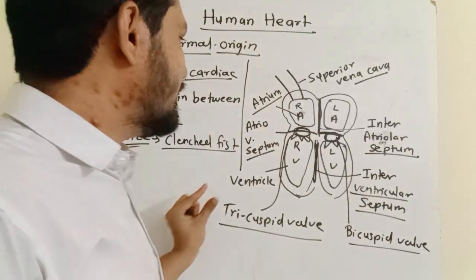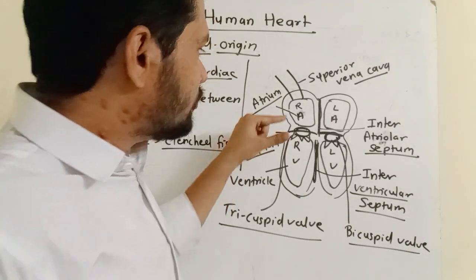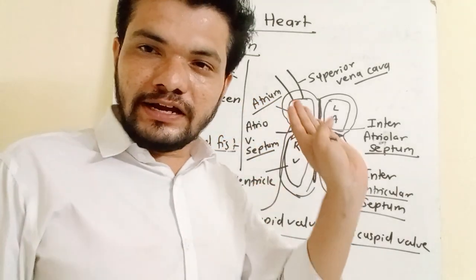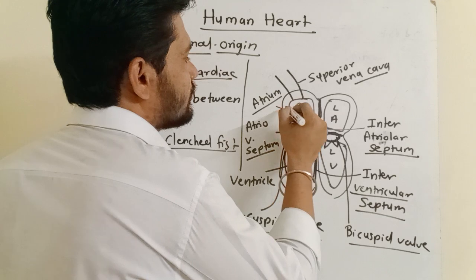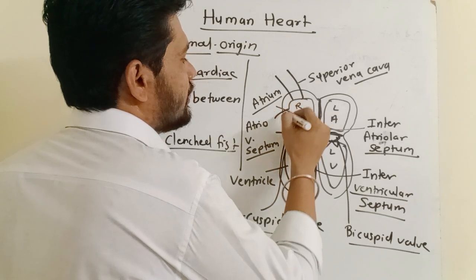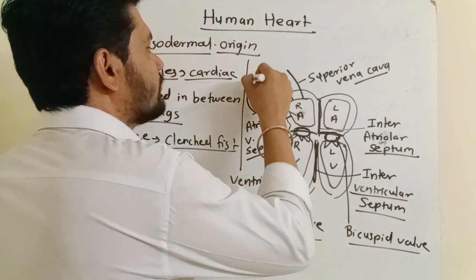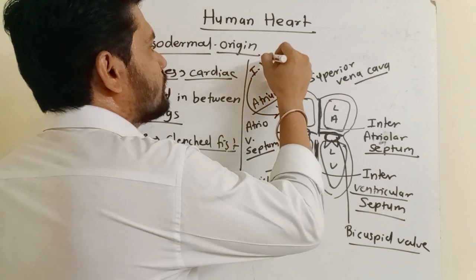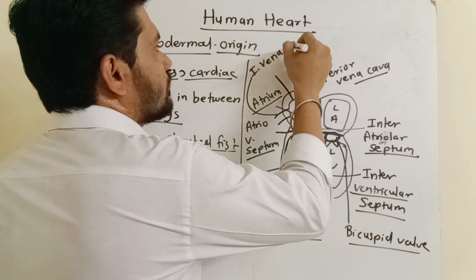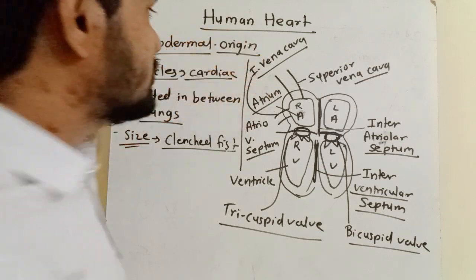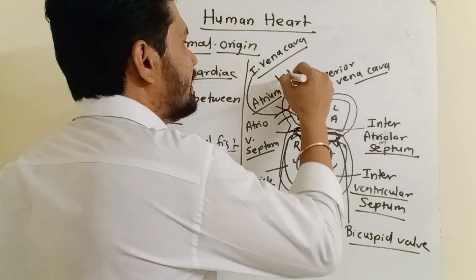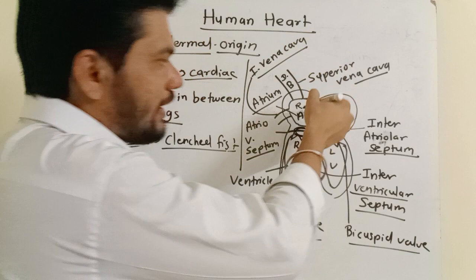The vein which brings blood to the right atrium from the lower side of your body is called the inferior vena cava. So both these vena cava will bring deoxygenated blood into your right atrium.